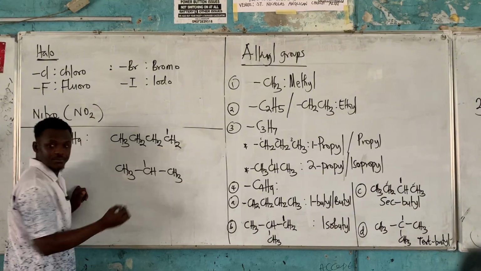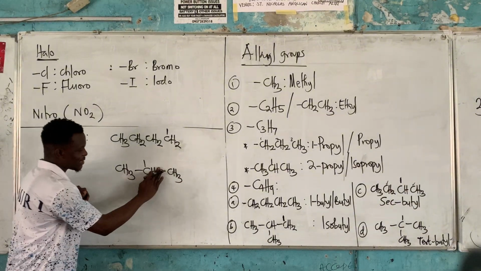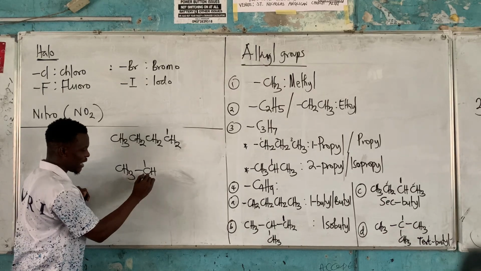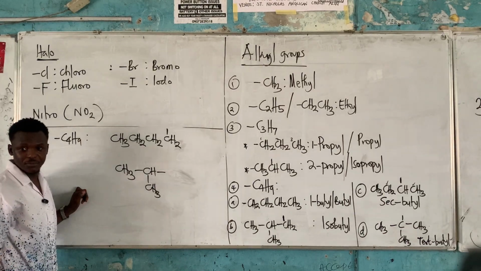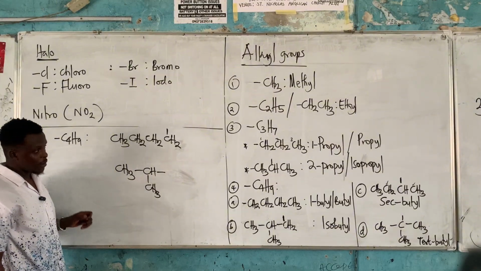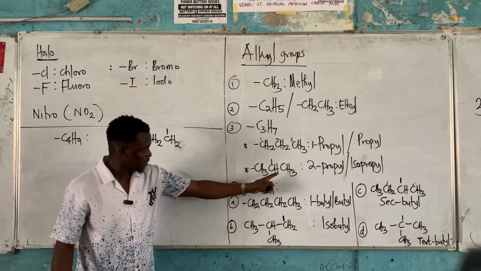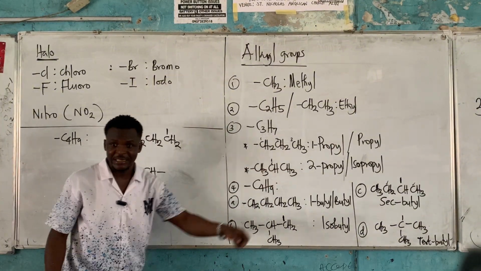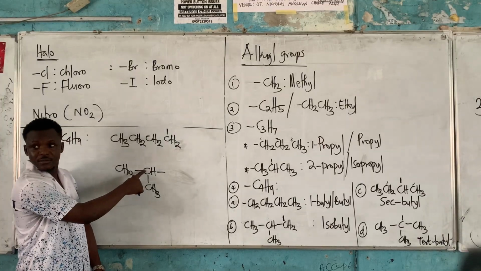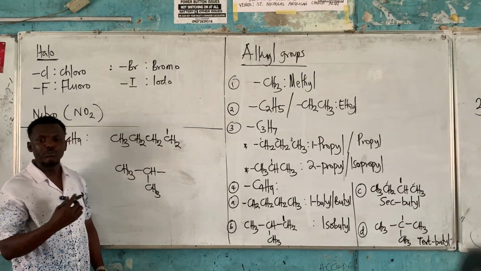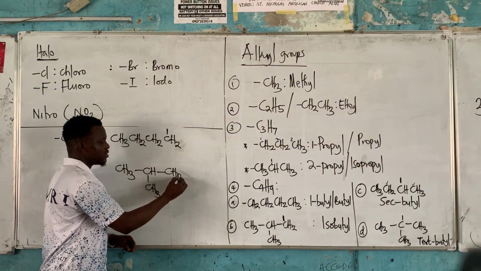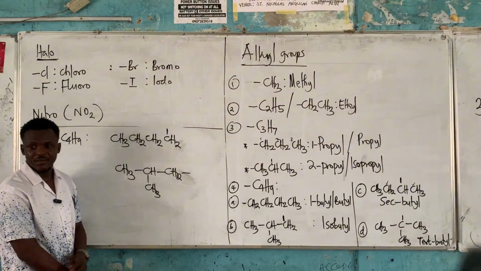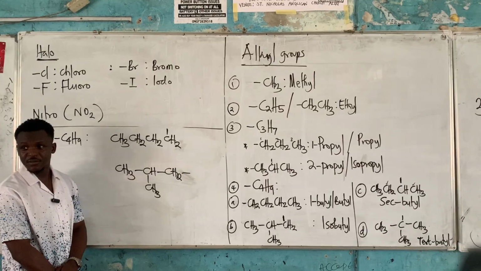I can decide to bring this guy, instead of putting it at the side, I put it here. This is still isopropyl. This CH3, I bring it down, I put it by the side. It is still on this carbon. So for me to get isobutyl, what I will simply do here is to add CH2 here. And that becomes isobutyl.